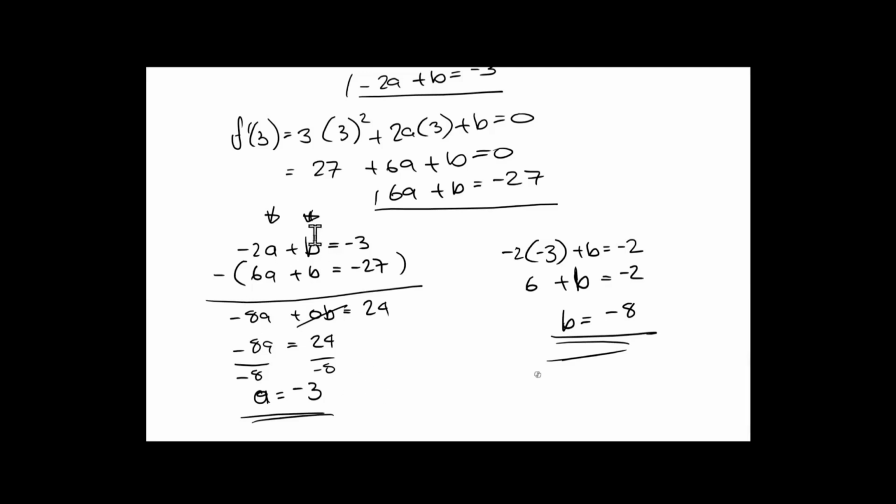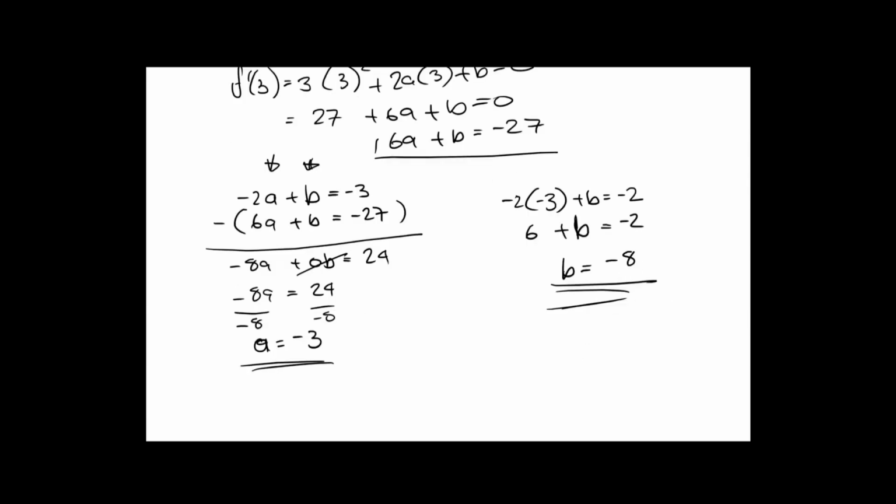Because you could have just gone from here and plugged it into the calculator, but that wouldn't be as much fun. Oops, I made a mistake. This should be negative 3, shouldn't it? Because negative 3 is up here. So this should be negative 9. b equals negative 9. a equals negative 3.